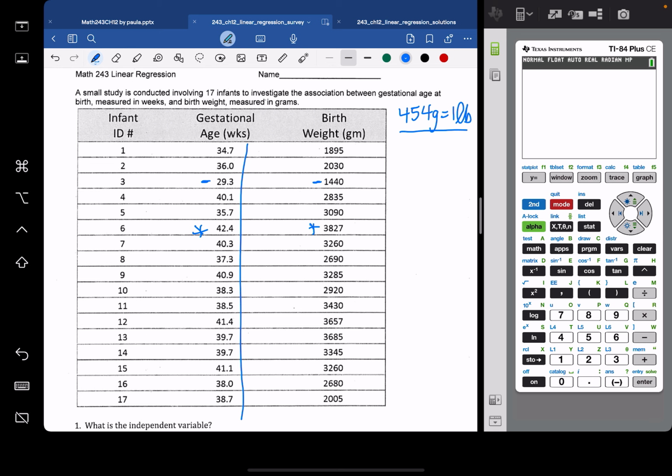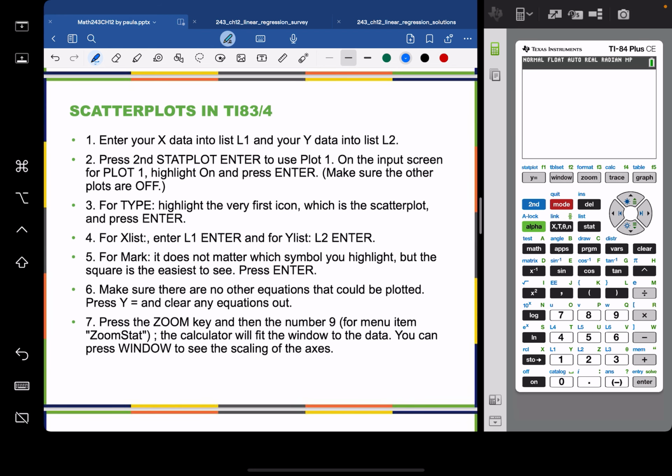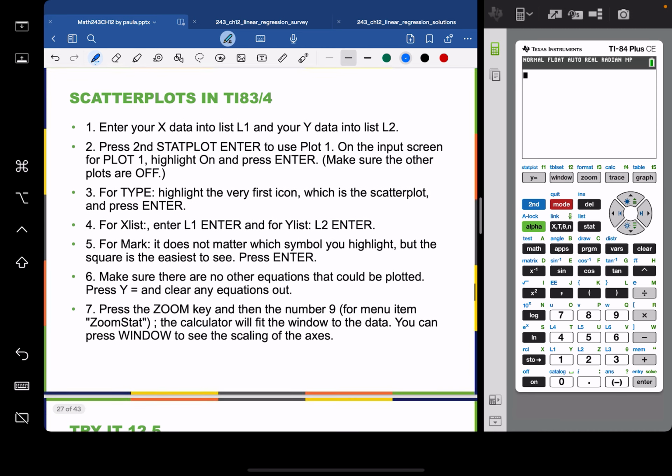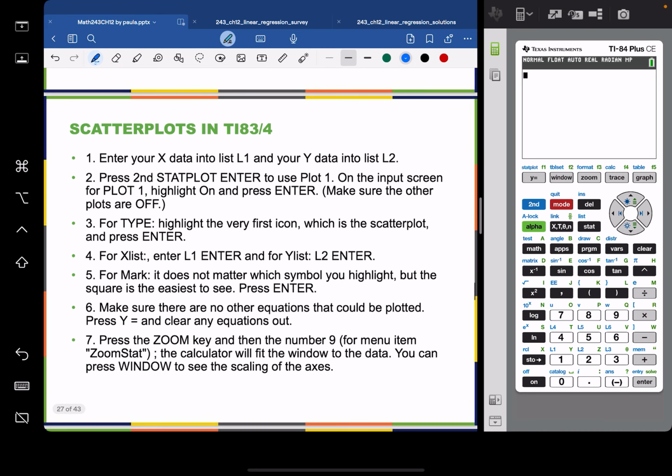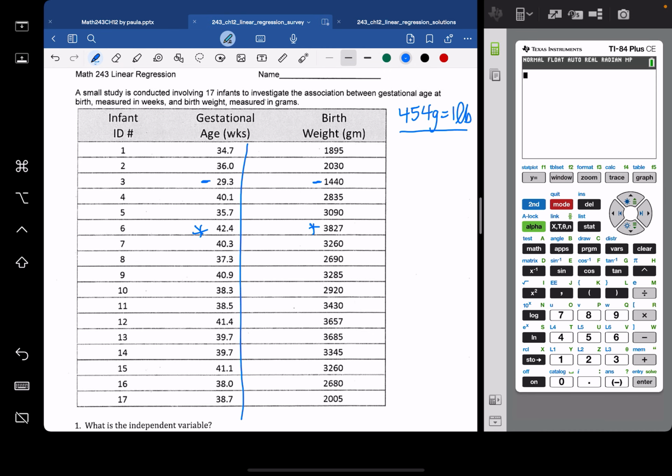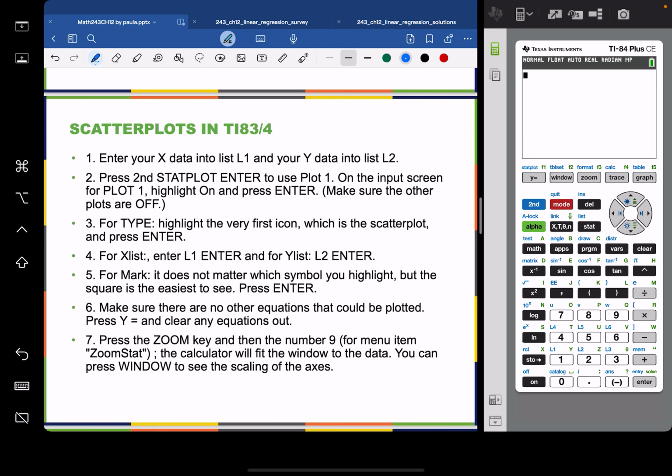And I have the steps for entering your data into the calculator in our slideshow, and this is slide 27. Okay, so the process will be to go to Stat, Edit, this is about scatter plots.